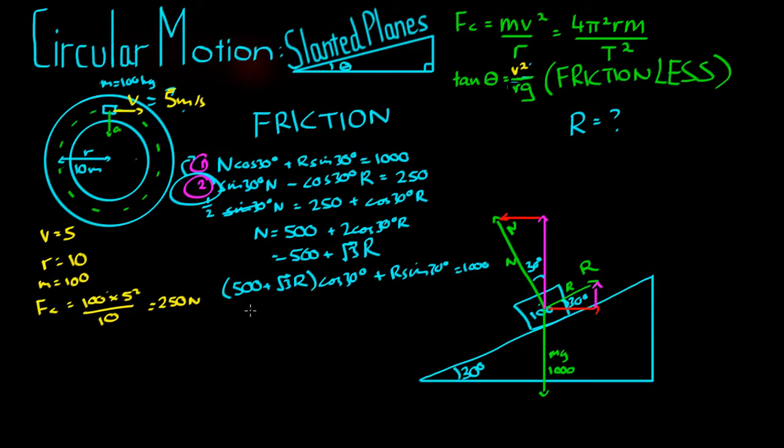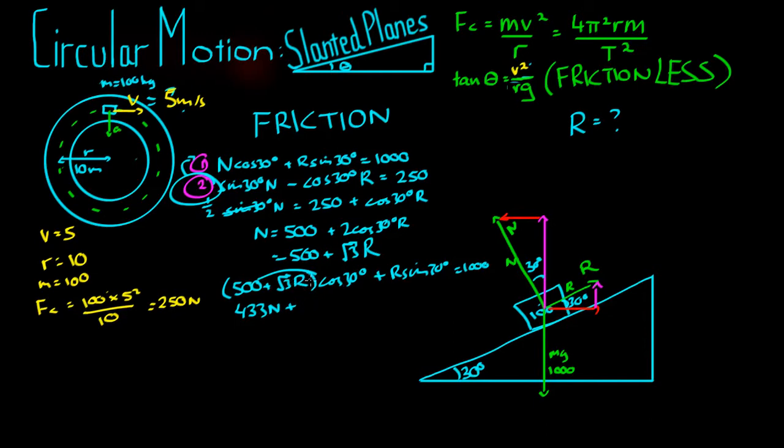So we've got 500 times cos 30 degrees comes to 433 newtons. Plus we've got root 3 R times cos 30, which is root 3 on 2.